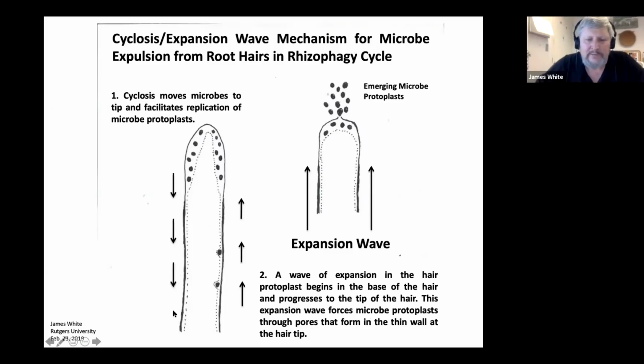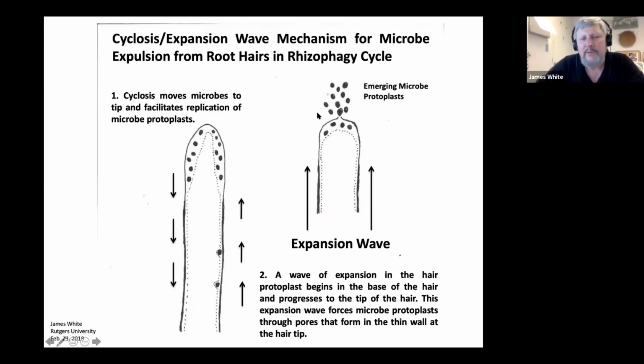And what you have is this diagram to the left here, which shows the cyclosis, those microbes going around and around. You can see they're being deposited here in this more flexible tip of the hair, of the wall there. The tip of the hair itself really is a little needle-shaped structure. So it's a skinny little thing inside that.